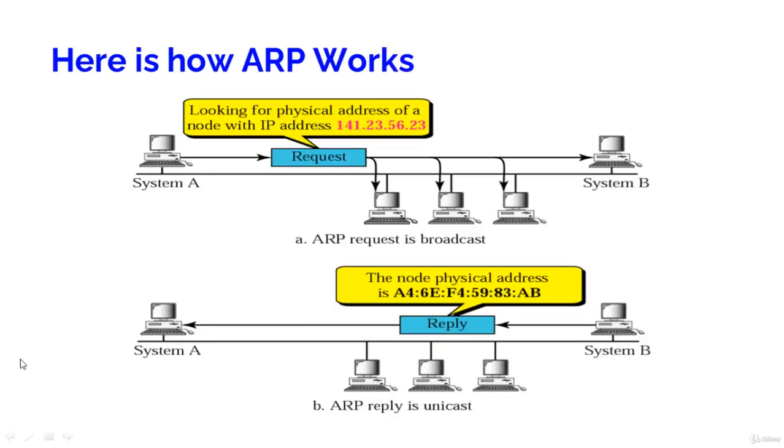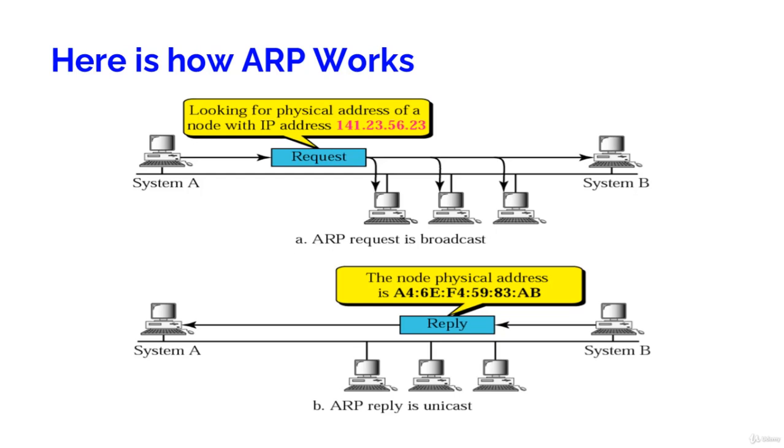Step 1. When a source device wants to communicate with another device, the source device checks its ARP table to find if it has already resolved a MAC address of the destination device. For example, in the picture, System A wants to communicate with System B, and therefore first it searches in its ARP table whether it has the MAC address of System B. Step 2.